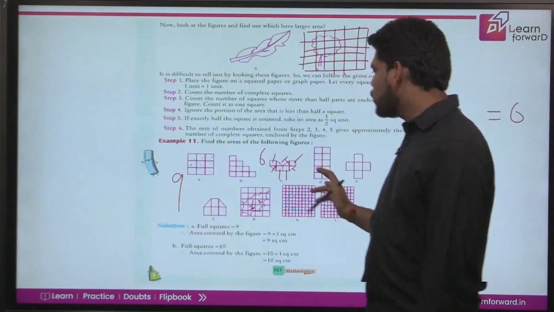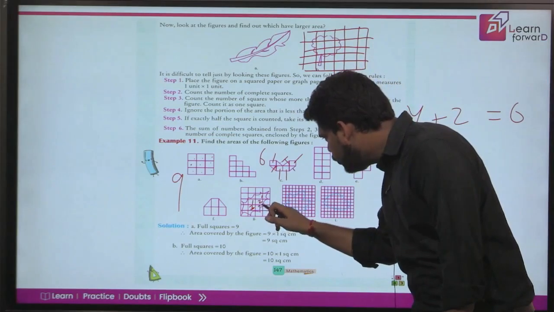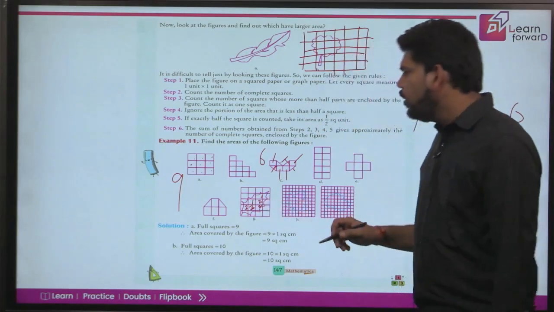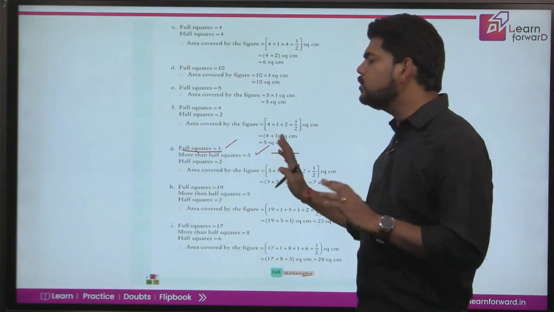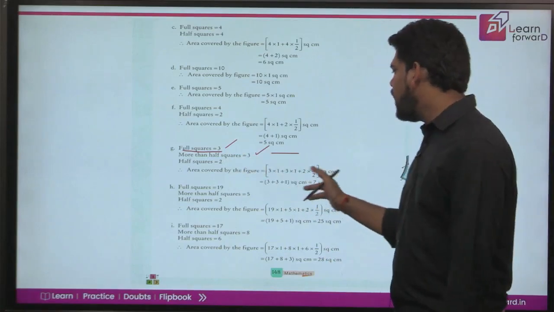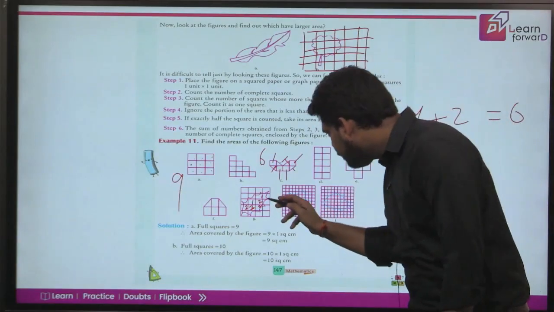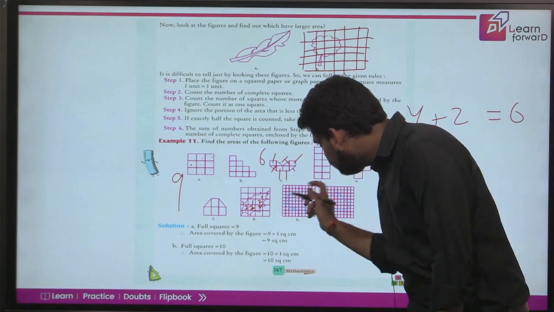More than half square. How many more than half squares are there? 1, 2 and 3. Whichever square which is more than half we consider to be a full square, we write them 3. Half square, exactly half square. So this can be counted 1, and I can't see more.